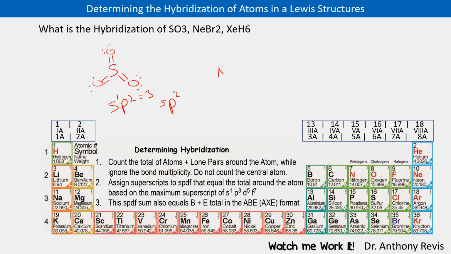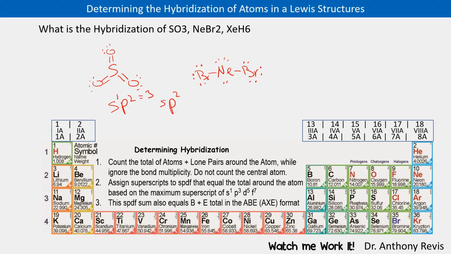If I do XeBr2, then this is going to be Xe with a Br and a Br. I'm going to fill in these lone pairs just for kicks and grins, but I don't really need them to answer this. I'm only doing this to show you that it doesn't matter about the lone pairs on these. And for the Xe, I only need to put 2, 4, 6, 8. So we have all the electrons assigned here.